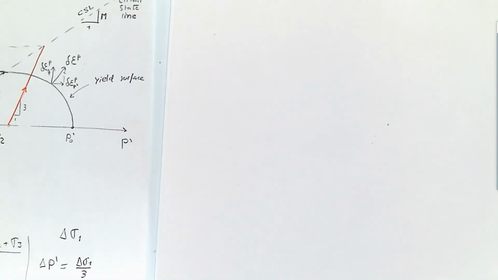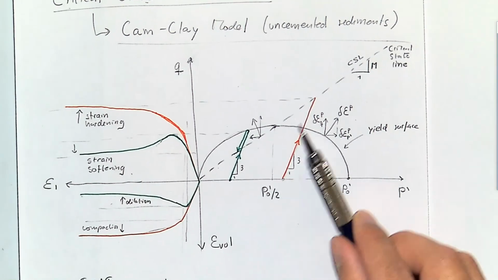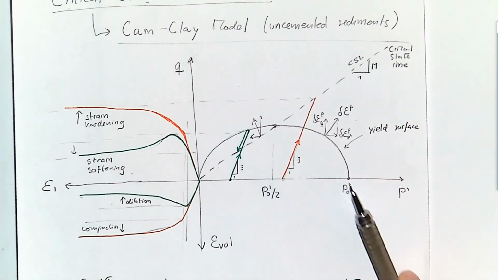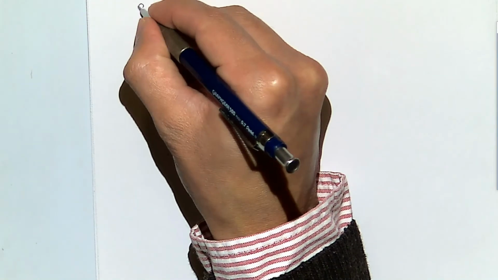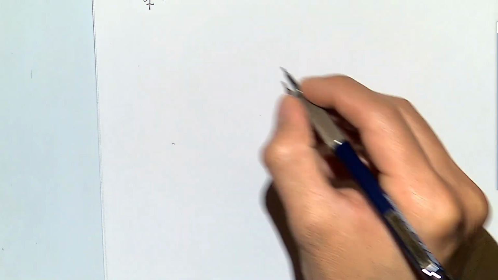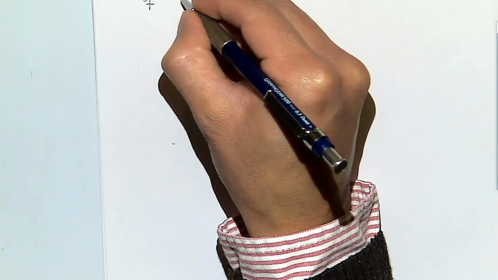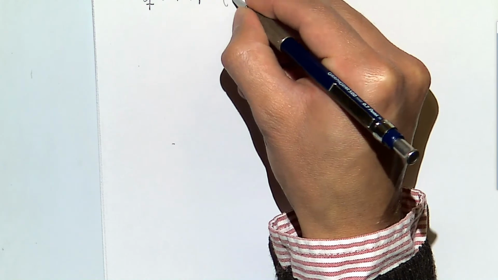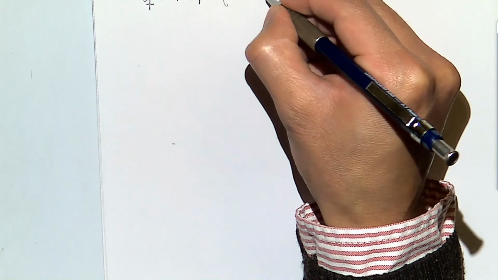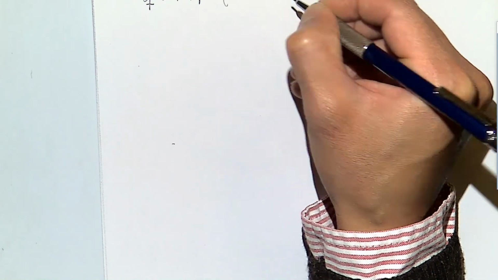And that line M, as you can see, is just a straight line of Q as a function of P prime, and tells you that Q is equal to M times P prime whenever you are at this critical state line.